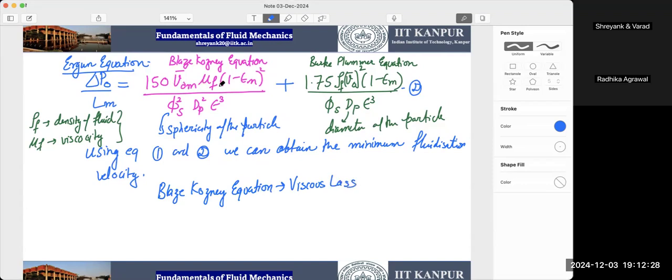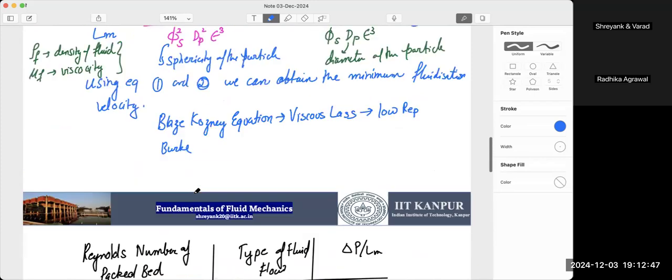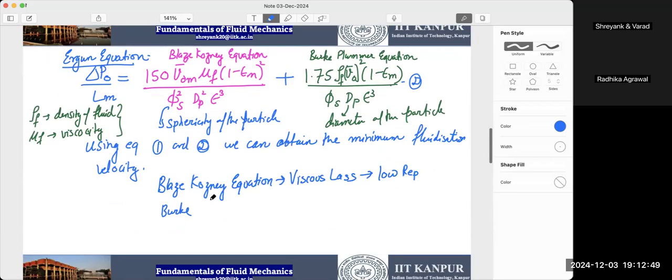You will see viscosity is here. Viscous forces are important at low Re p, because Re p becomes low when viscosity is significant. Okay, in the case of the Burke-Plummer equation, it's the kinetic energy.